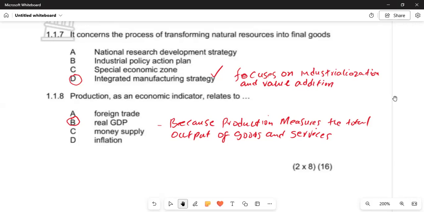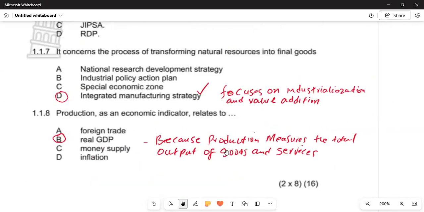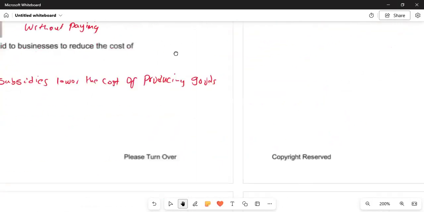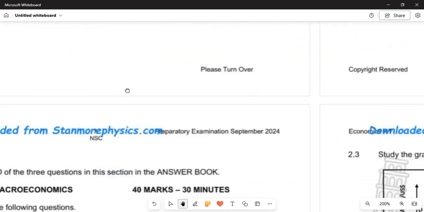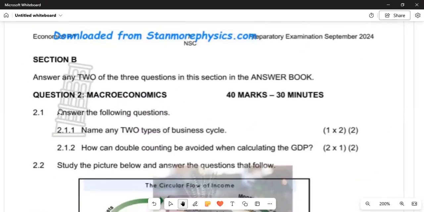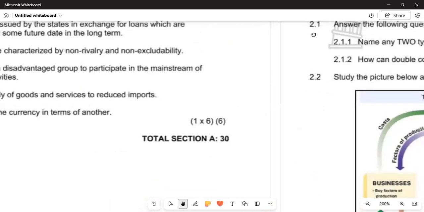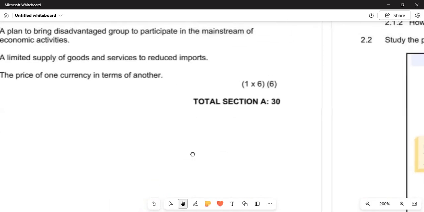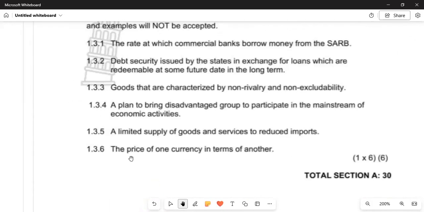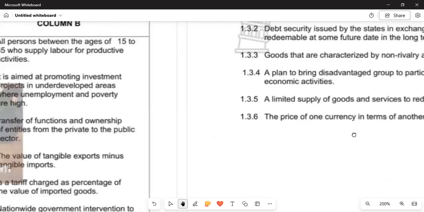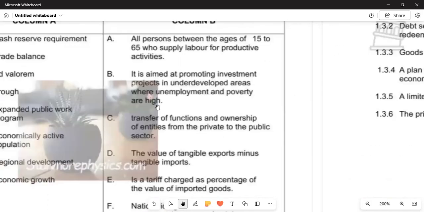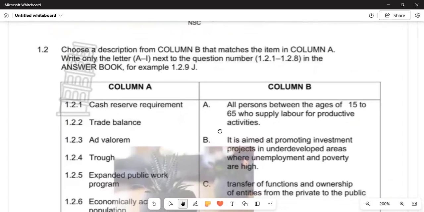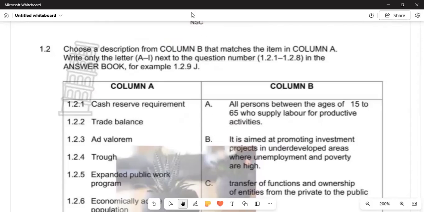1.2. Going to move on to 1.2. So here is our 1.2.